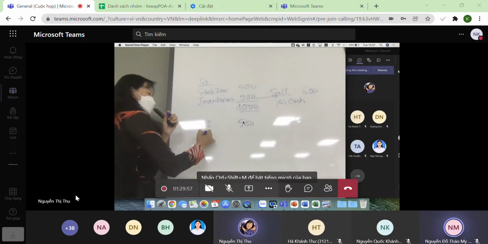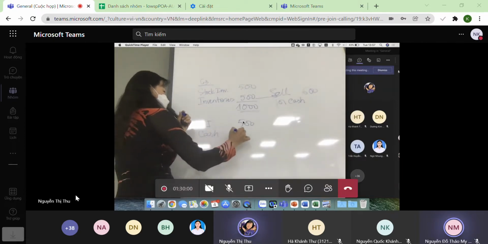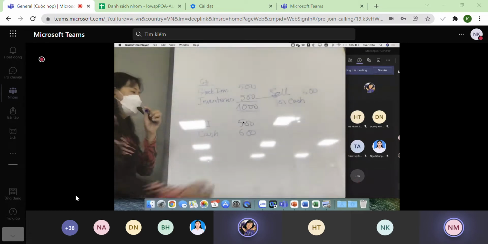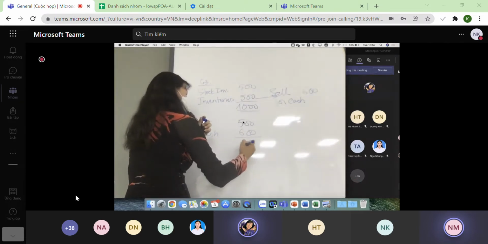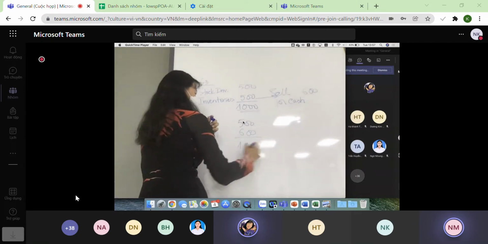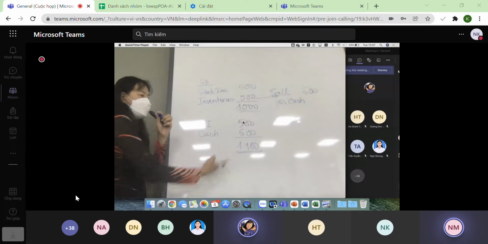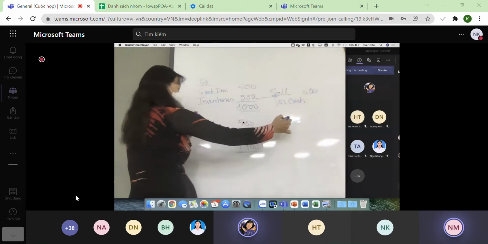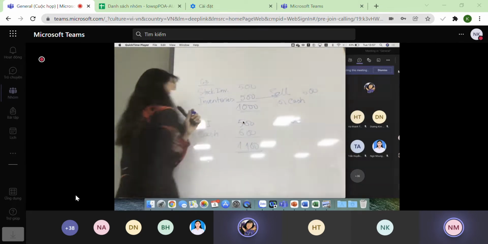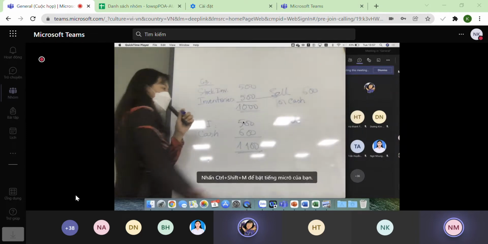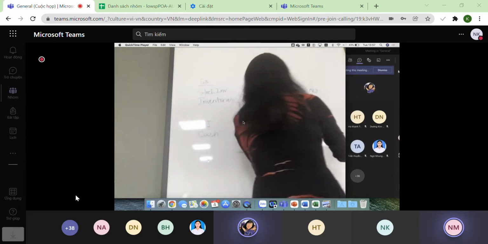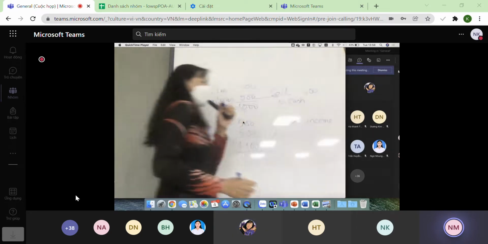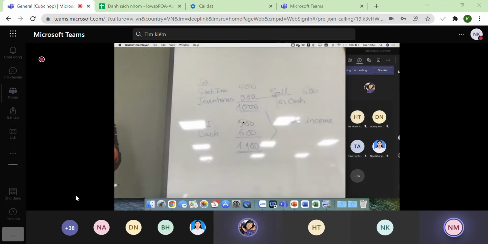Instead, they receive cash of 600. The total has now increased by $100, from $1,000 to $1,100. So in total, the increase was 100, and here is the income of group number 3. Okay?